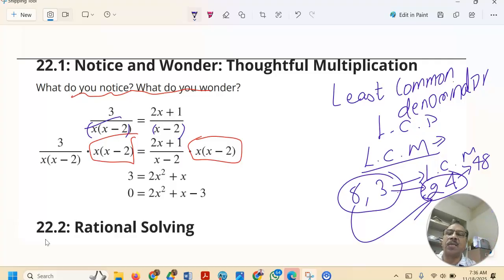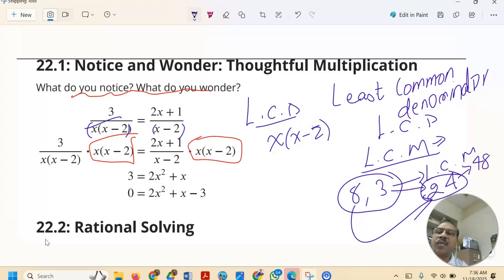Likewise, the least common denominator, LCD, in this example is x and x minus 2. What it means is that x divides this whole thing, and x minus 2 also divides this whole thing.